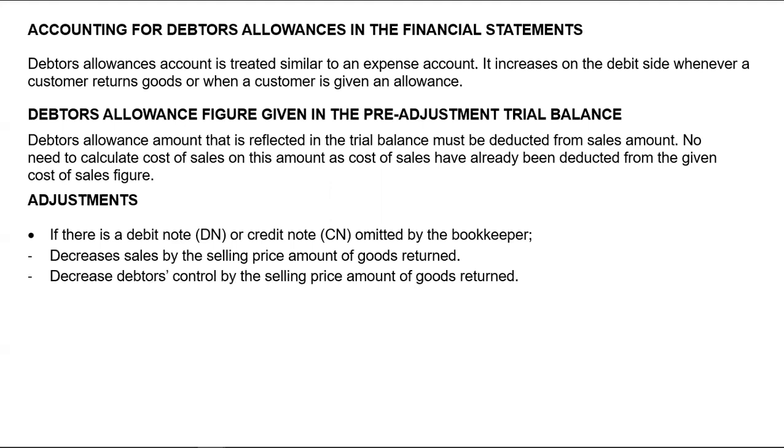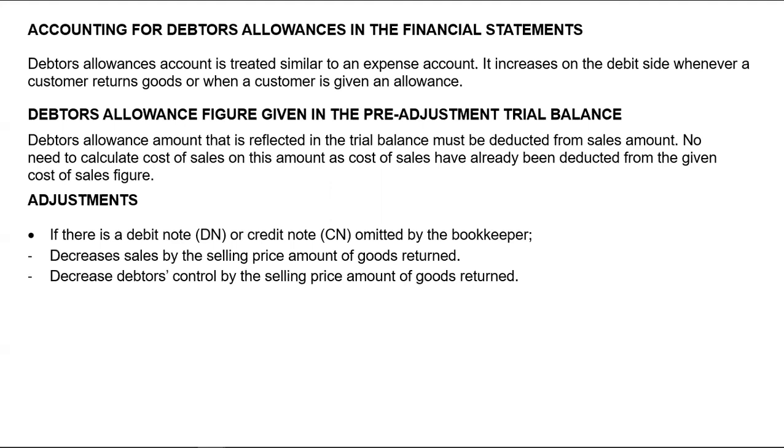That means by the selling price, by the way, as goods have been returned, it means that your debtors will owe less. Note that debtors will always owe us the selling price of goods we sold to them. So whatever goes under debtors control must always be at selling price.